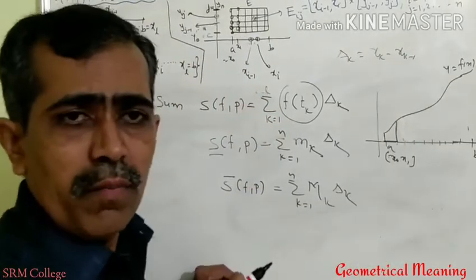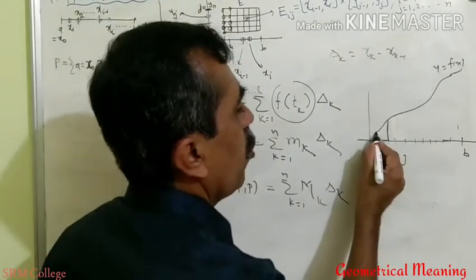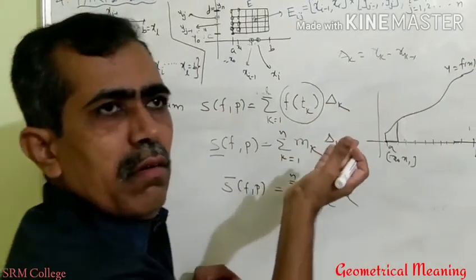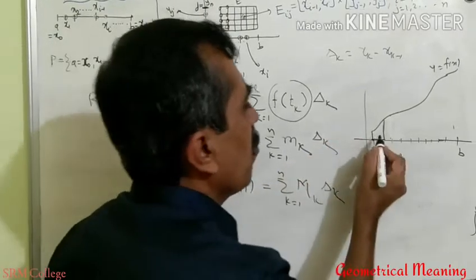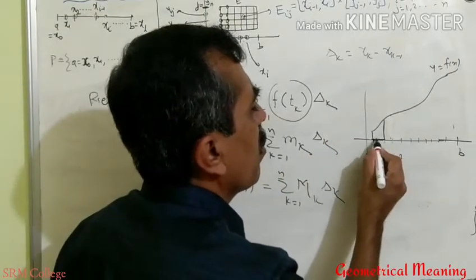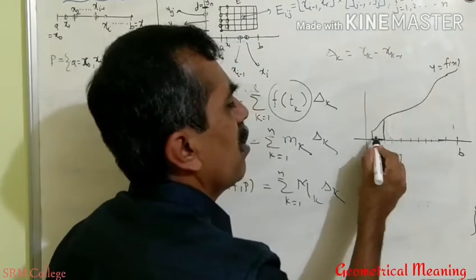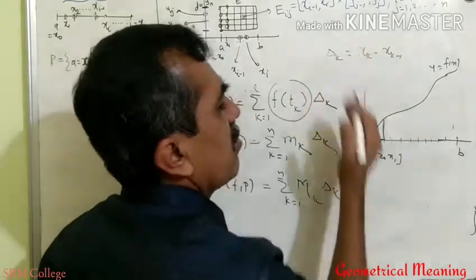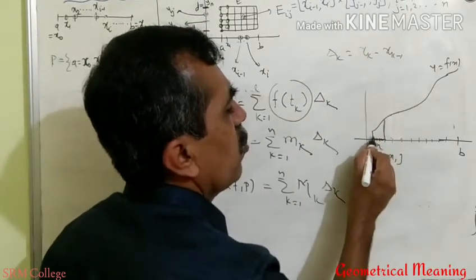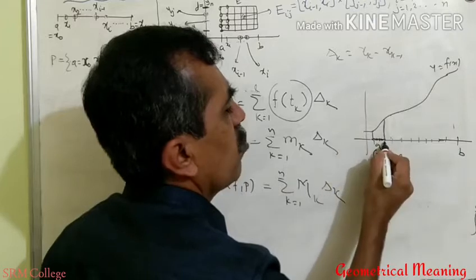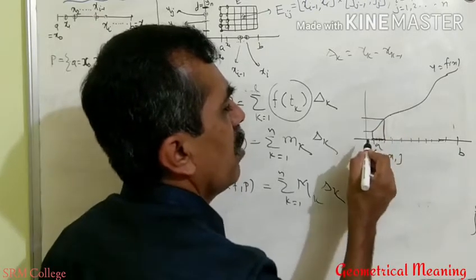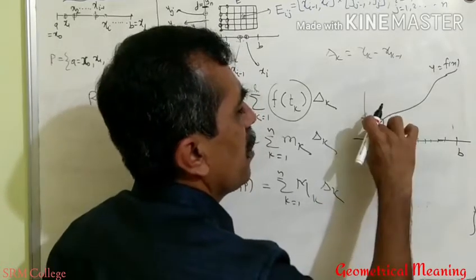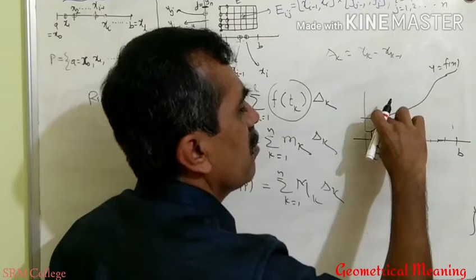On this subinterval, what is the infimum value of the function? The value of the function is the y coordinate. If you consider any point between x0 and x1 and the corresponding y's, then corresponding to x0 the resulting y is minimum, and corresponding to x1 the resulting y is maximum.